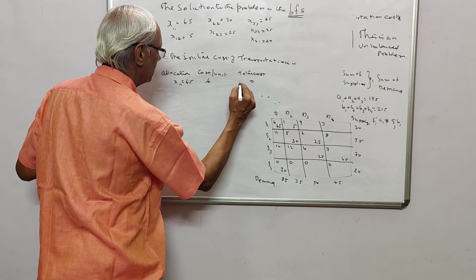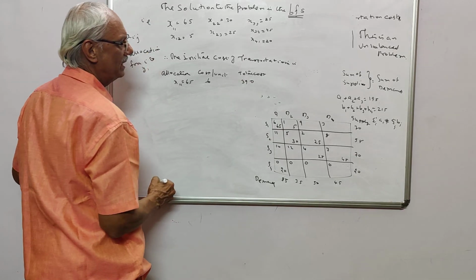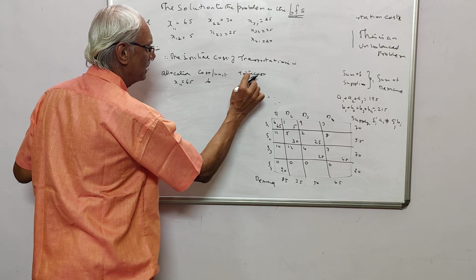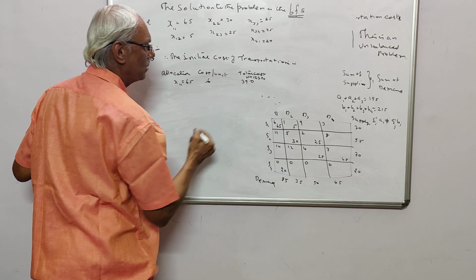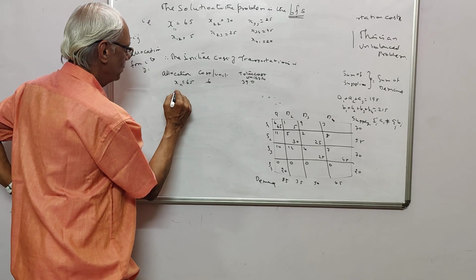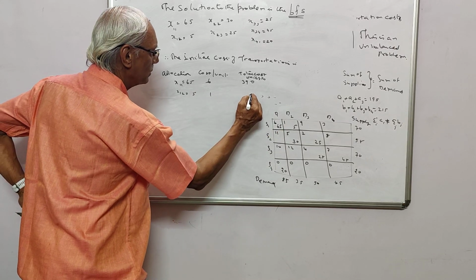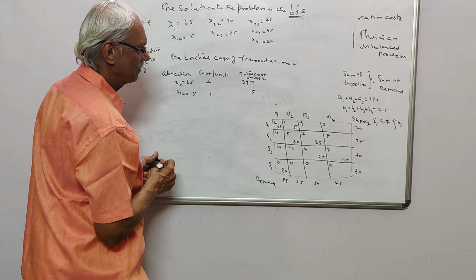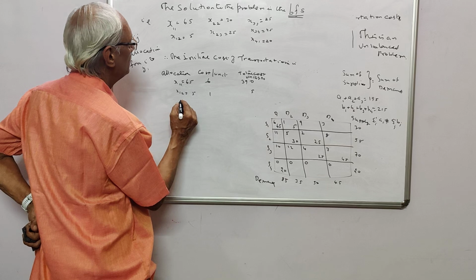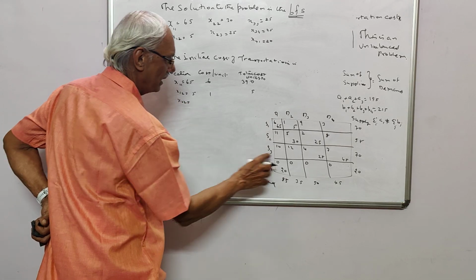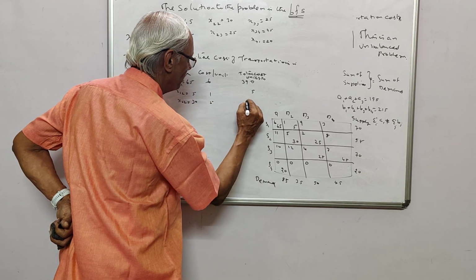So it is 390. You can call it rupees also, you can give units of rupees. Then X12 is equal to 5, cost 1, so it is 5. Then X22 is equal to 30 and cost 5, it is 150.